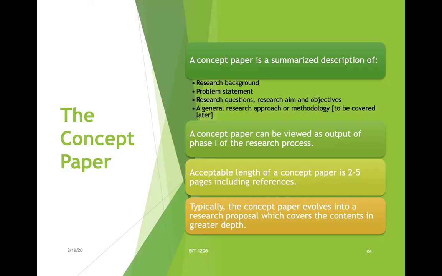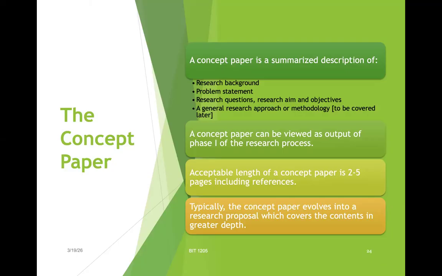So a concept paper is a summarizing description of your research background, the problem statement, research questions, and so on. It can be viewed as output of phase 1 of the research process. The acceptable length of a concept paper is usually 2 to 5 pages, including even references.